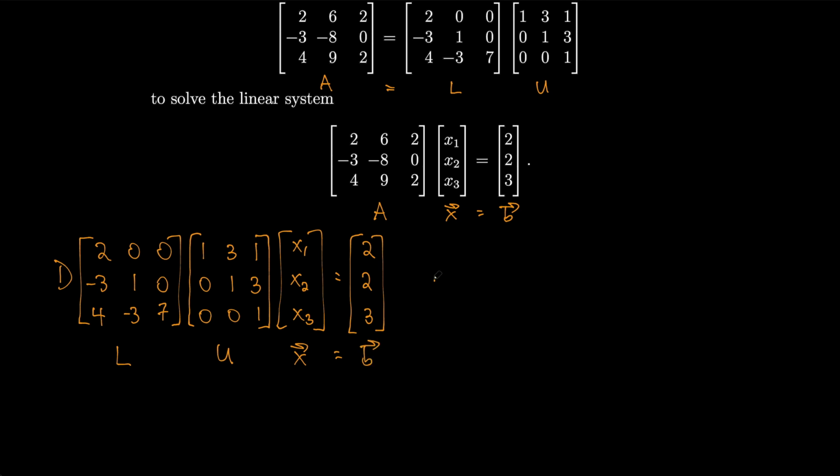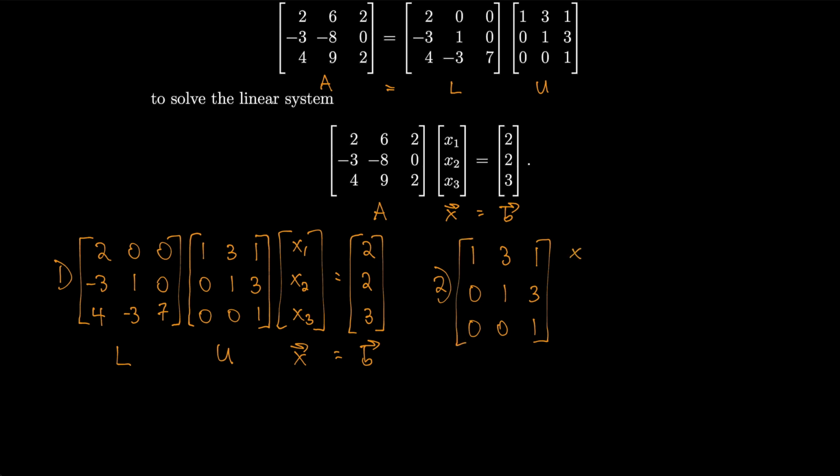Now step 2 is we should write UX equals Y and solve for Y. So U is 1, 3, 1, 0, 1, 3, 0, 0, 1.